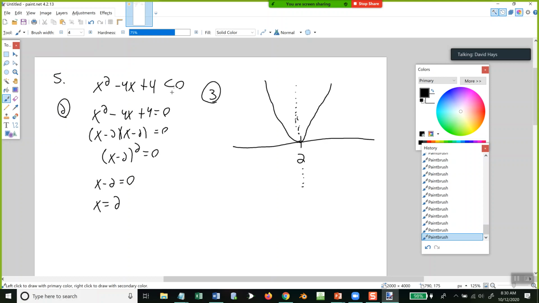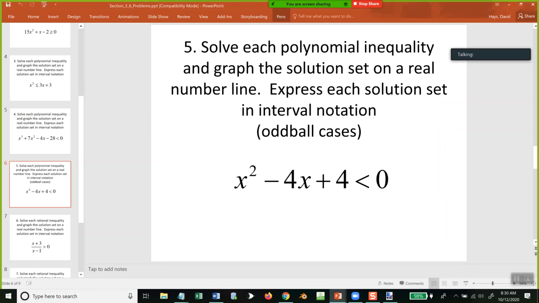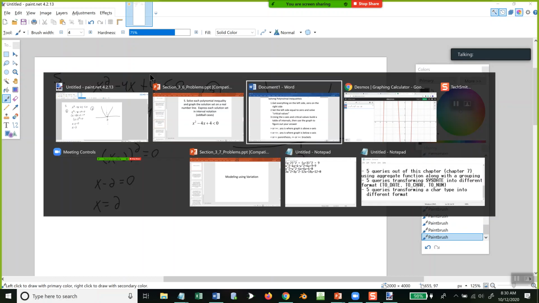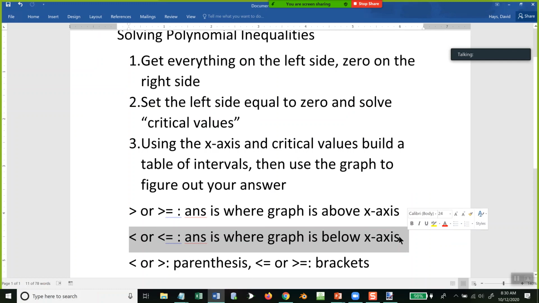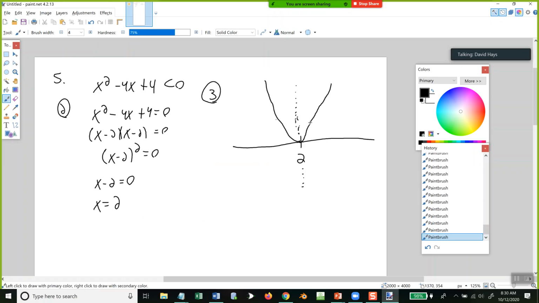Now it's a less than. Less than, your answer is where the graph is below the x-axis. There's nowhere it's below the x-axis. So the answer is no solution.